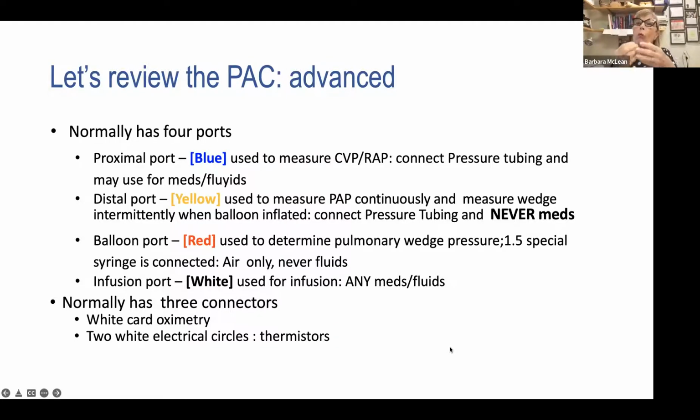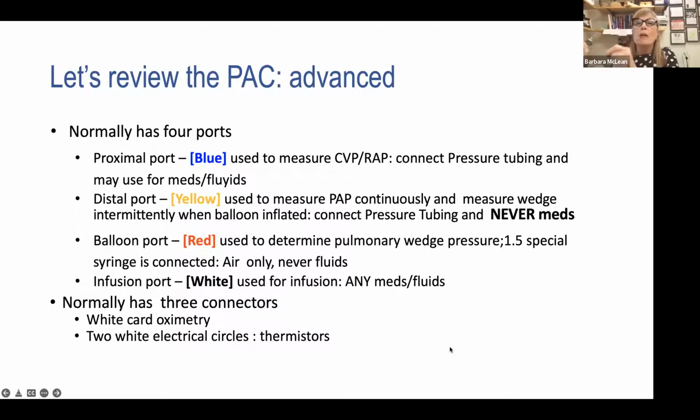And it will measure wedge pressure or pulmonary arterial occlusion pressure intermittently whenever a balloon is inflated and the catheter sails into an arteriole and the tip of the catheter is only looking forward. This is connected only to pressure tubing, never any medication should be given through here.